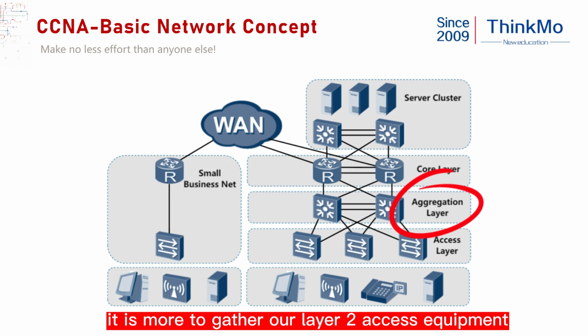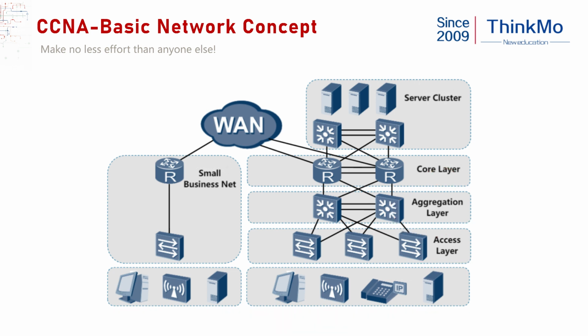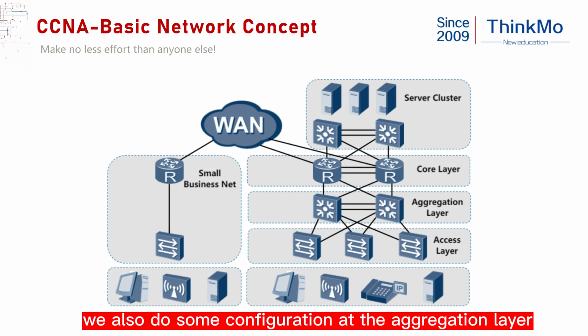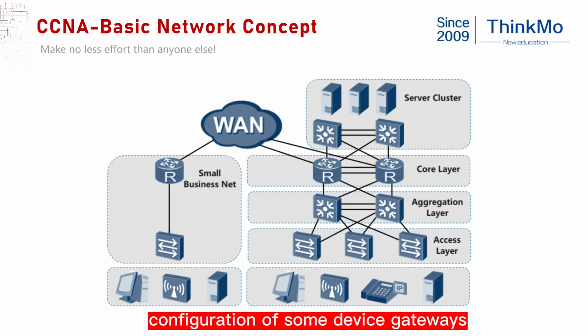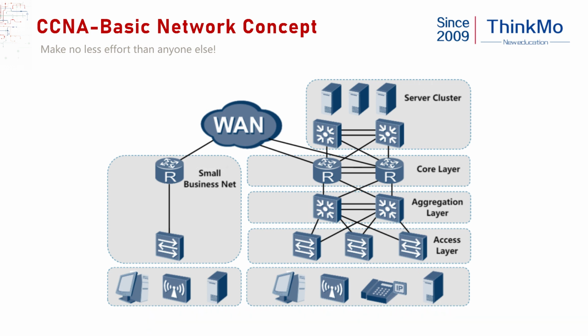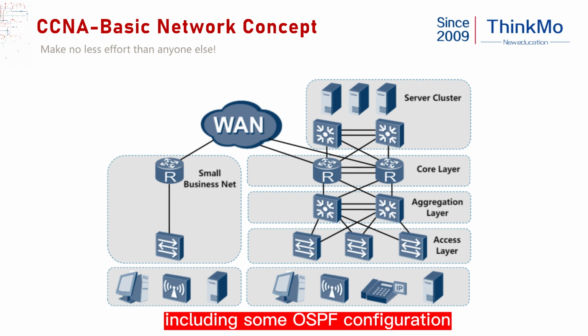It is more to gather our layer 2 access equipment. Generally, we also do some configuration at the aggregation layer, for example, device gateway configuration, some OSPF configuration, and some DHCP configuration.